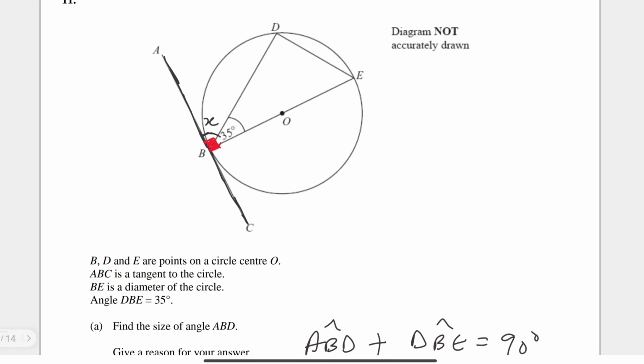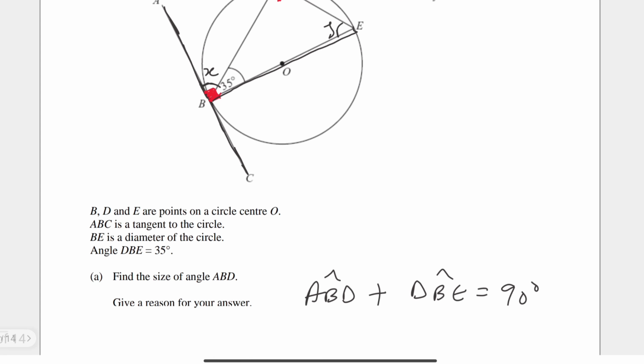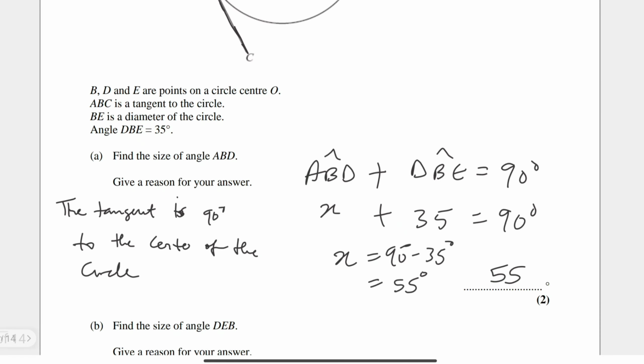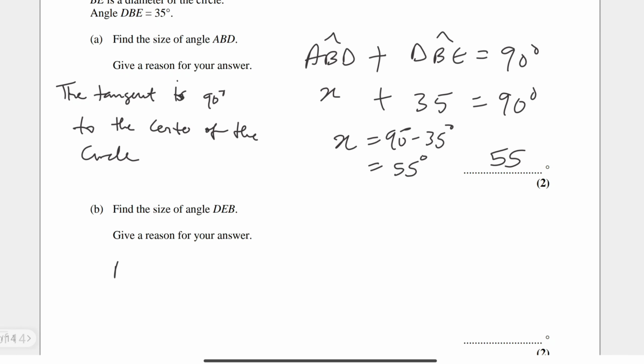So DEB, which is this angle here, let me call that Y. Already we know that this is a diameter, yeah? So that implies that this angle right here is a right angle. That was our first rule. So what does that tell us? That implies that D plus B plus E is 180 degrees.